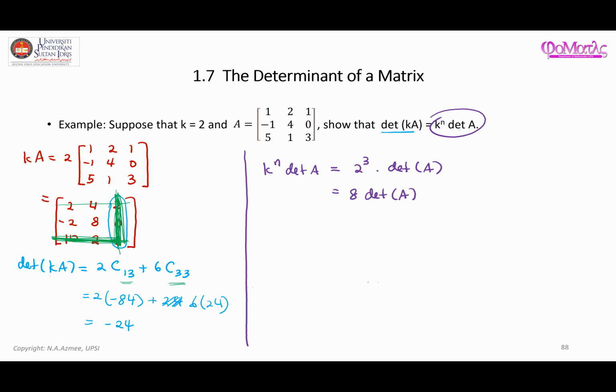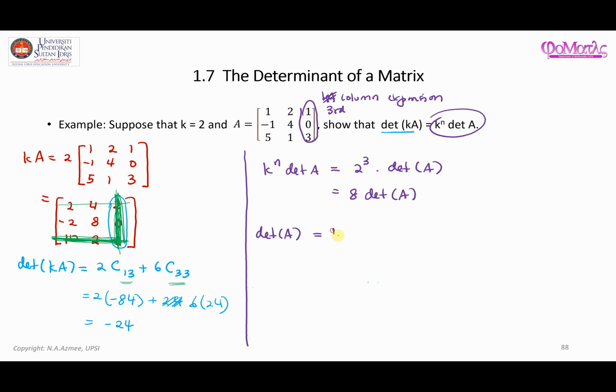Well, what is the determinant of A? Therefore, the determinant of A can be obtained using the third column expansion.